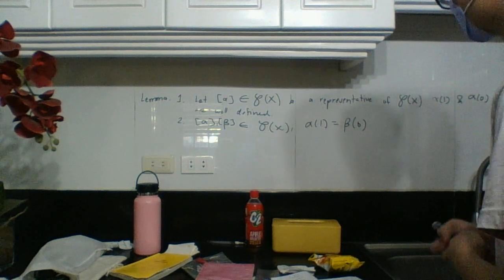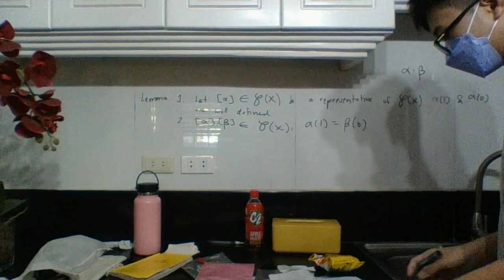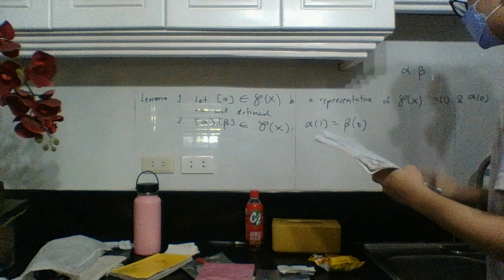So the concatenation of alpha and beta is just alpha times beta. Right? So that's a concatenation.